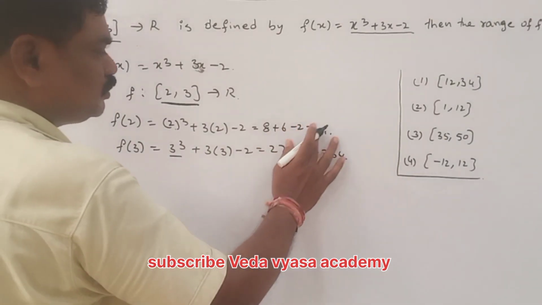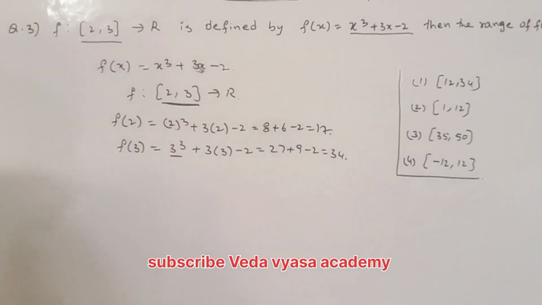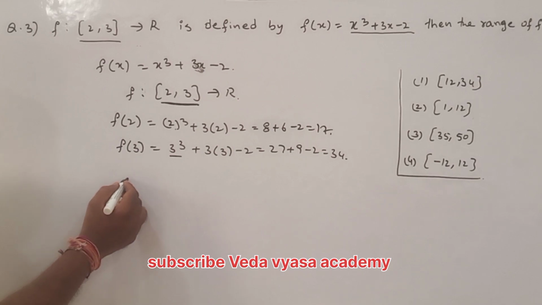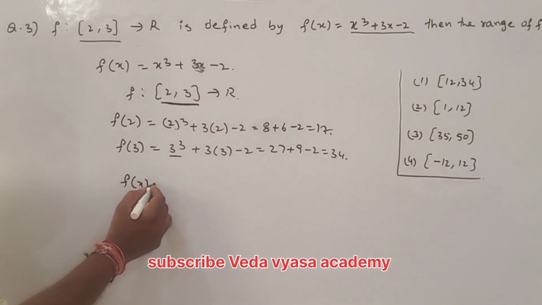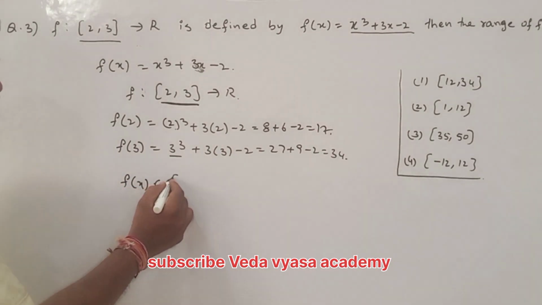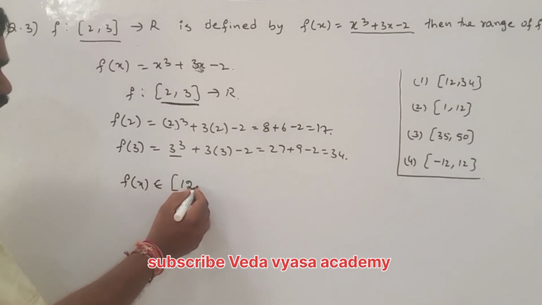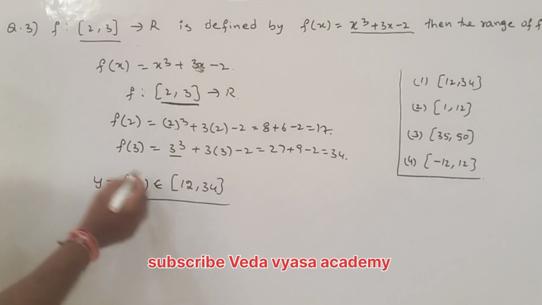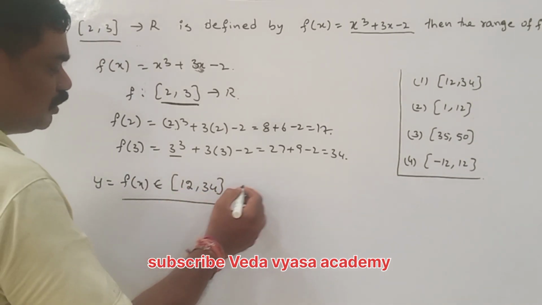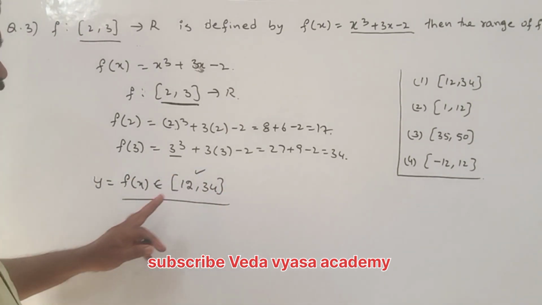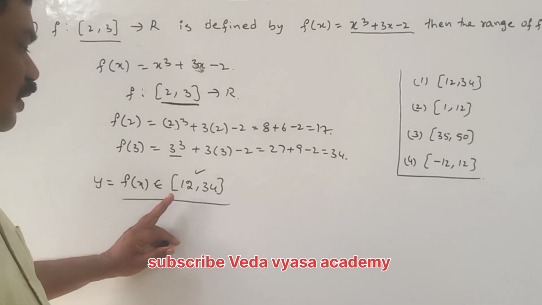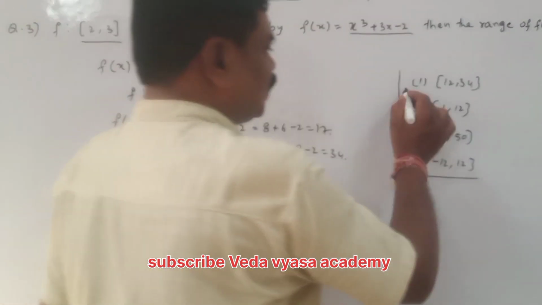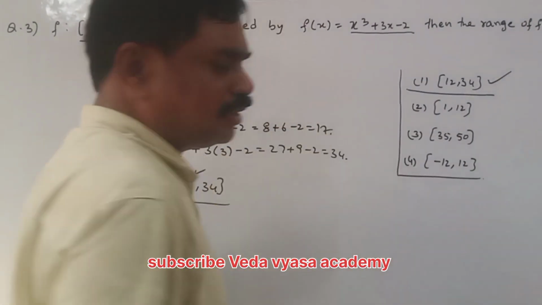So what is f of x? F of x belongs to the closed interval 12 comma 34. This is the range. So the range of f of x is the closed interval 12 comma 34. So we have option 1 as the answer.